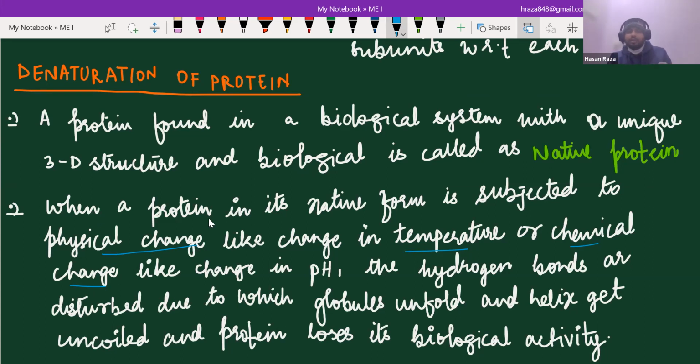The uncoiled protein will lose its identity or biological activity, and this is called denaturation of protein. Is that clear? Like boiling of egg, and when you prepare curd from milk, that is denaturation of protein.